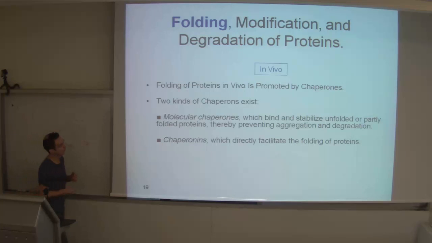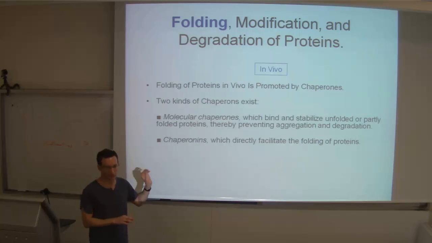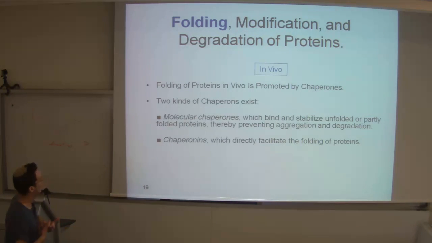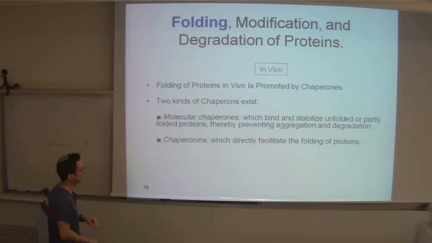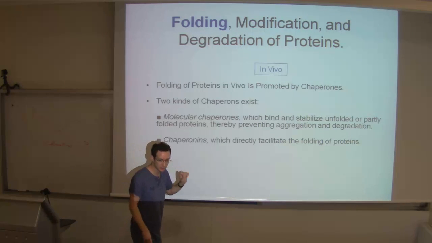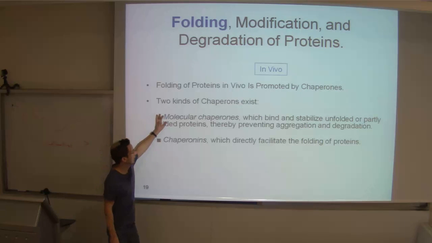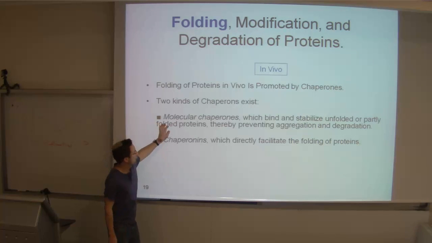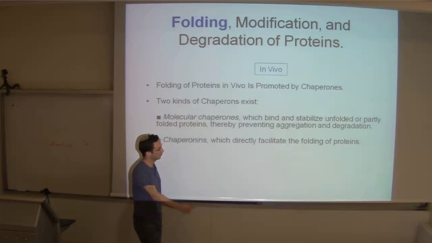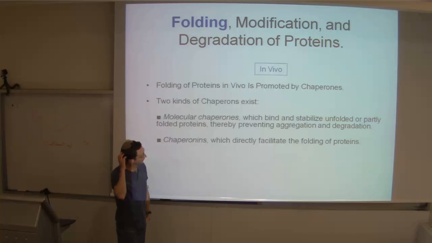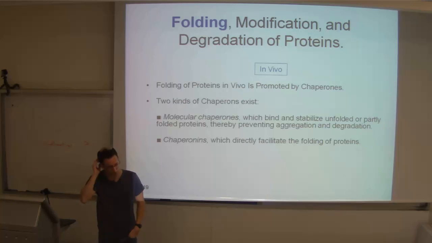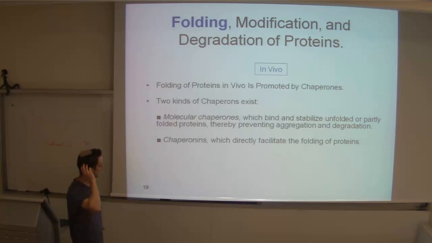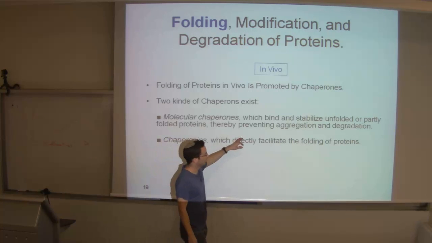Now we're going into the cell. In the living cell, in vivo, the folding of a protein is promoted by molecules called chaperones, and there are 2 kinds. The first are called molecular chaperones. These bind and stabilize unfolded or partly folded proteins, and they prevent aggregation and degradation.